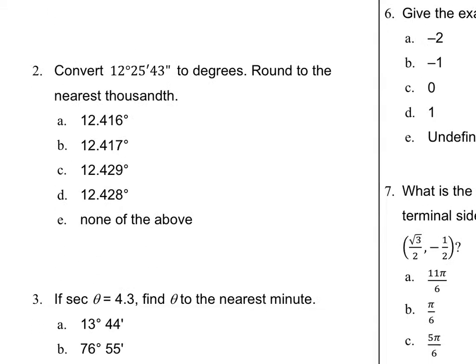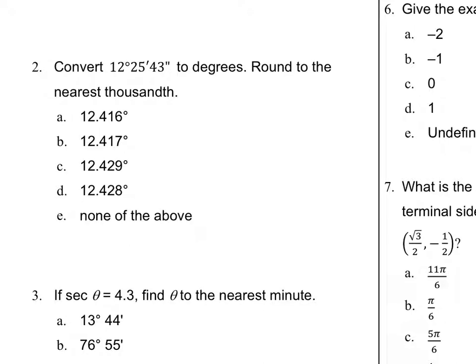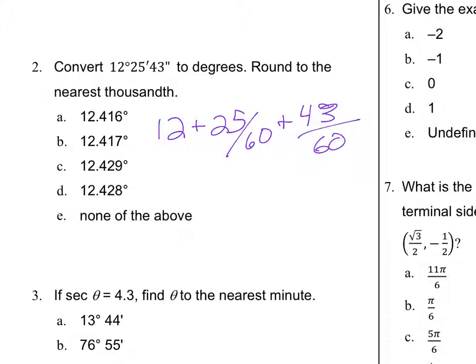Now we're converting this. To convert from degrees, minutes, seconds to decimals, we type into our calculator 12 plus, there are 60 minutes in a degree, and there are 60 seconds in a minute and 60 minutes in a degree, so that's why that's squared.